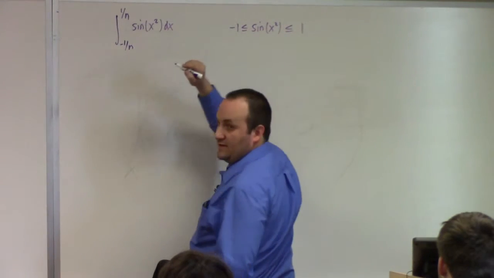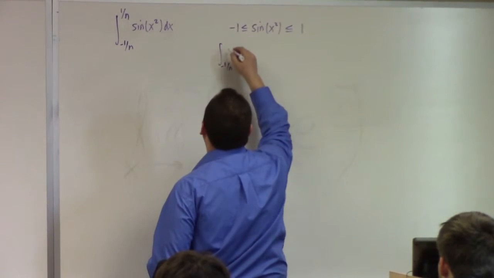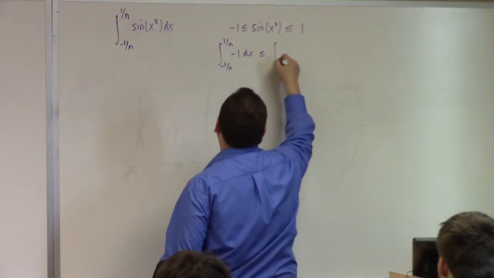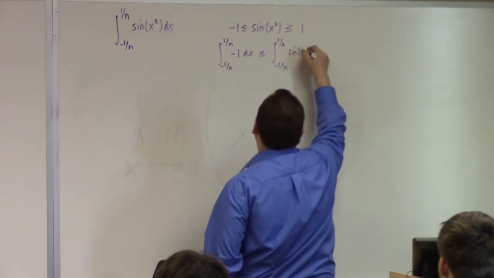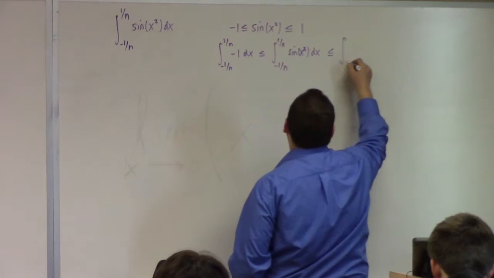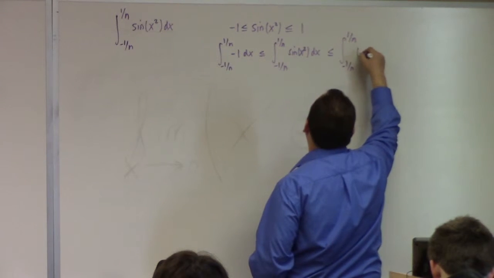So by properties of the definite integral, this implies the integral from minus 1 over n to 1 over n of minus 1 dx is less than or equal to the integral from minus 1 over n to 1 over n of sine of x squared dx is less than or equal to the integral from minus 1 over n to 1 over n of 1 dx.